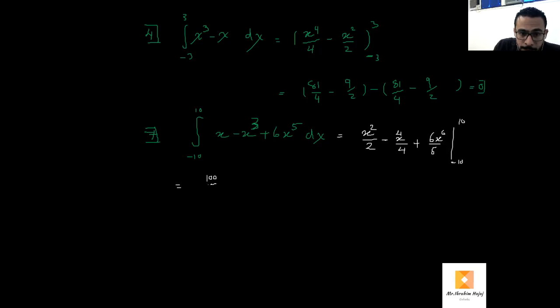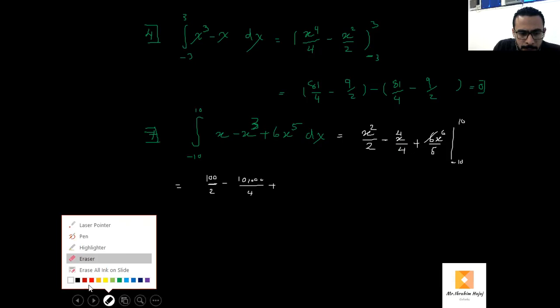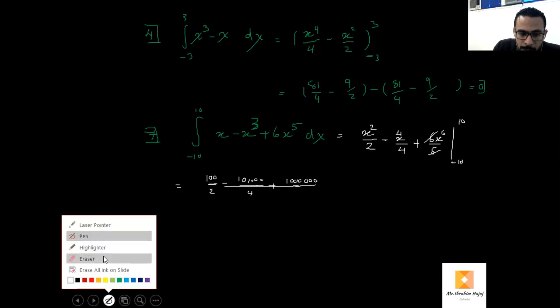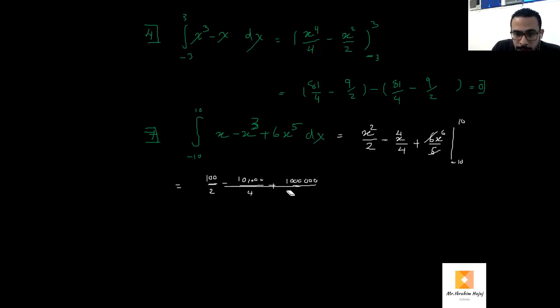No, 10 to the power of 2 only, so 100. Minus 10,000 over 4, plus 6, cancel 6 with 6. Okay, 10 to the power of 6, a million, sorry. How is it 6 to the power of 5 over 6? It's just x to the power of 6, since we canceled 6 with 6.